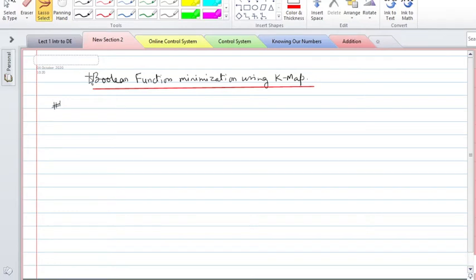Now in this lecture we will learn minimization using K-map. Now let us suppose a function f of a, b, c is given as a summation m 0 to 6 and 7.